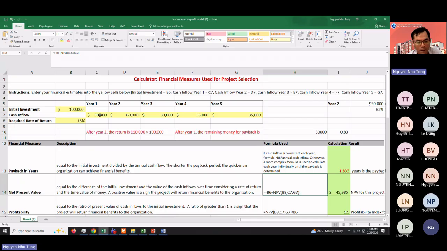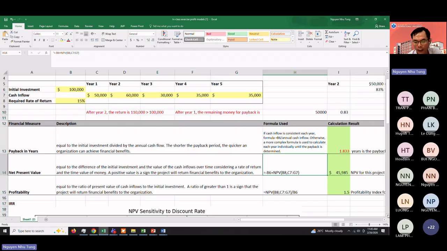That is the cash flow from year 1 to year 5, and then you add B6, the initial investment. Remember, you have to add the negative sign in front of B6, because that is the expenditure, not the return. And then the net present value for this project is 45,985, greater than 0. So this project is profitable.